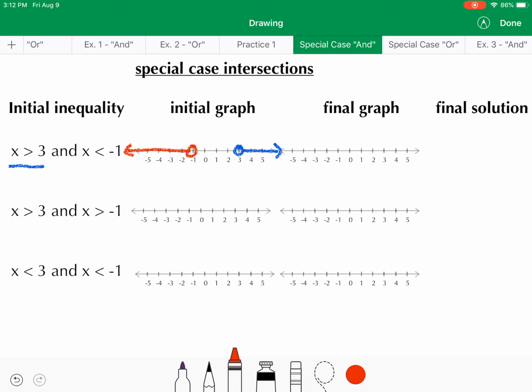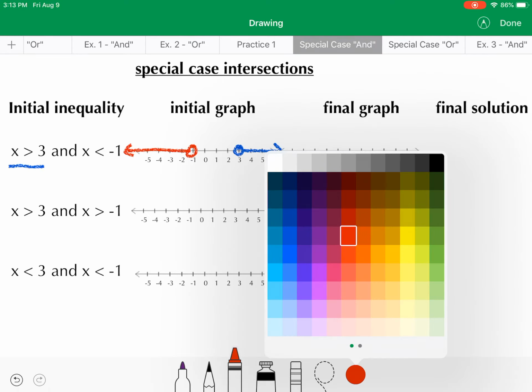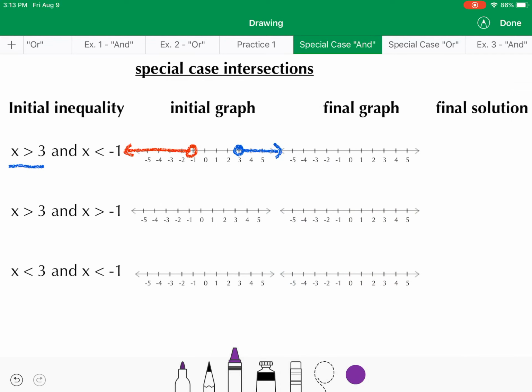I'm noticing that there is none. That means that there is no number in the entire real number system that will make both of these inequalities true. Therefore, I can say that my final solution is actually no solution, which means my final graph would have to be blank.